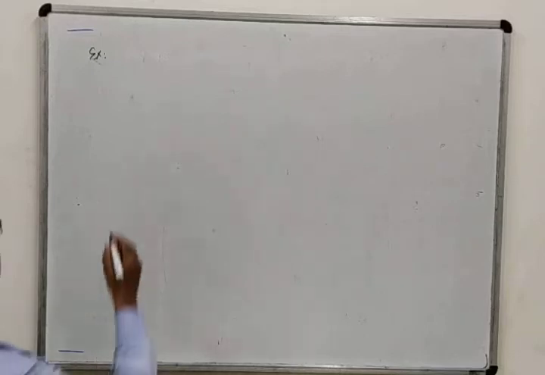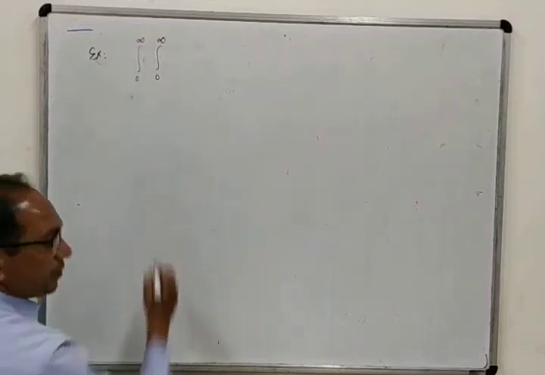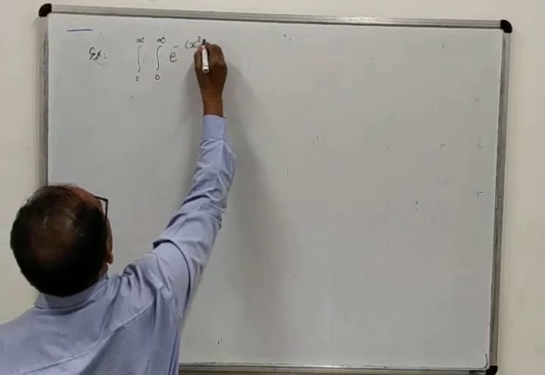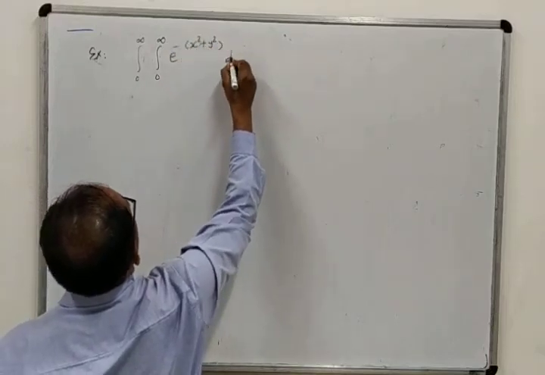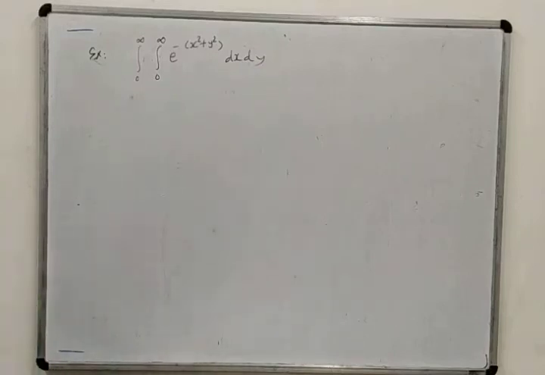Evaluate the integration from 0 to infinity of e raised to minus (x square plus y square) dx dy. Here only it is written to evaluate. Nothing is asked about whether you want to use polar coordinates or not.